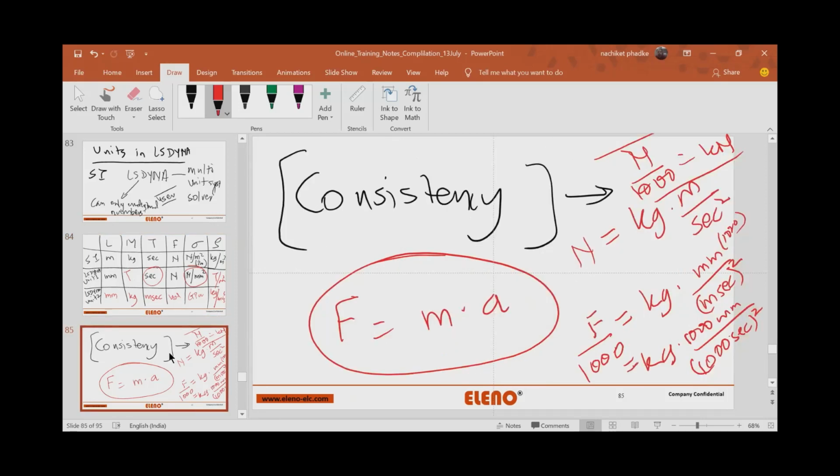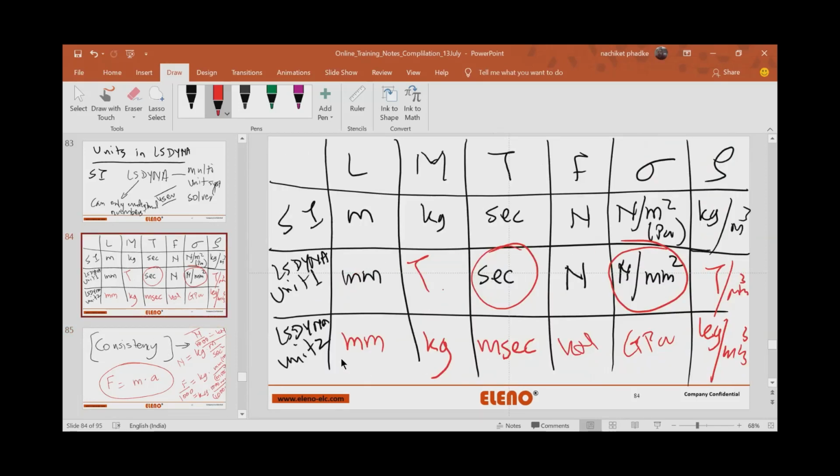Is it clear, guys? So maybe just for the sake of understanding, this unit may not be used, but keep length as meter, mass as gram, or you can make it centimeter, and time as millisecond.